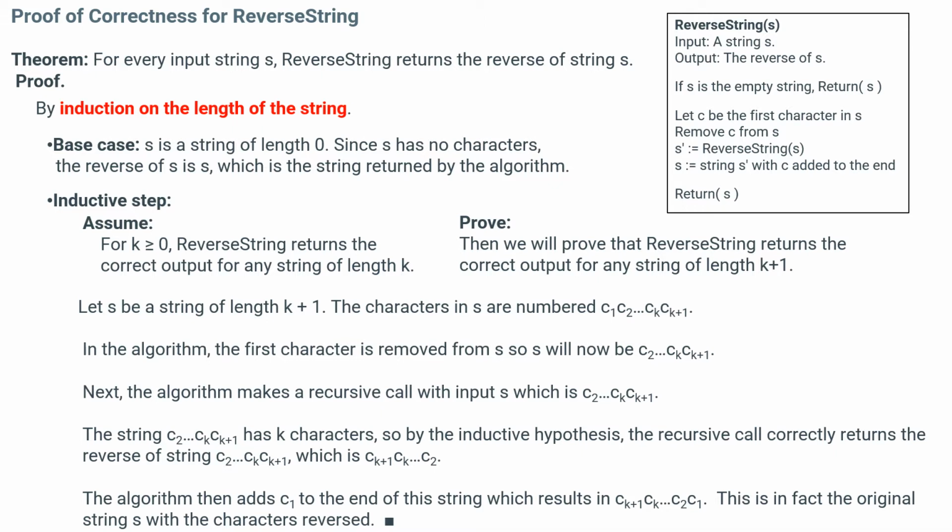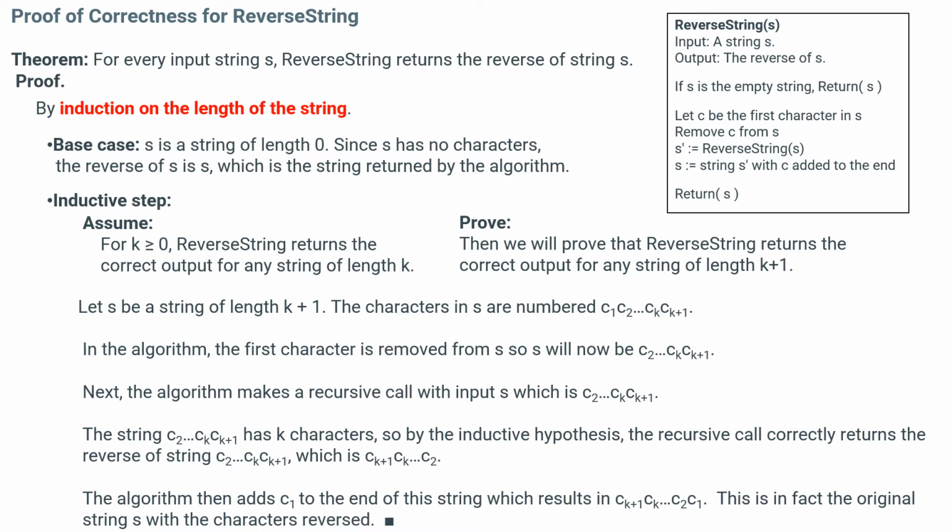So by assuming that it worked for a string of length k, we did what we needed to do for that string of length k. I mean, we started with a string of length k plus 1, but by going through that first step, we turned that into a string of length k, and then could make the assumption it worked for that.